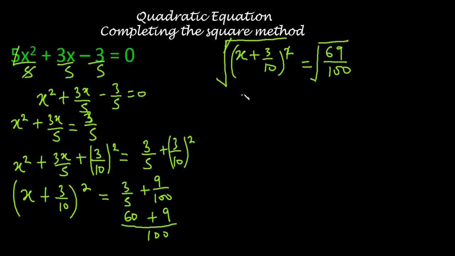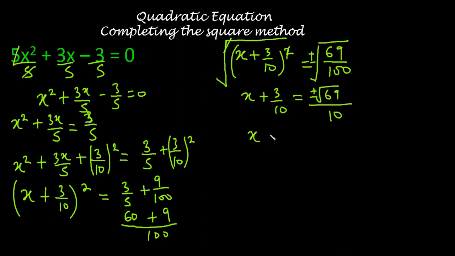so this cancels this, so your x plus 3 over 10 is equal to plus or minus, I don't know why I always forget that, the square root of 69 over the square root of 100, which is 10. So this goes to the other side.